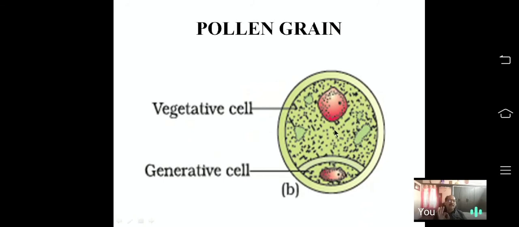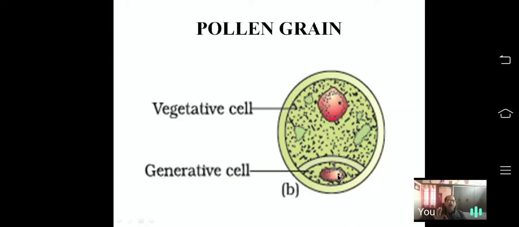The main function of this vegetative cell is to develop the pollen tube after pollination. Another small sized cell, called the generative cell, floats over the vegetative cell cytoplasm. This generative cell contains little cytoplasm with a haploid nucleus.